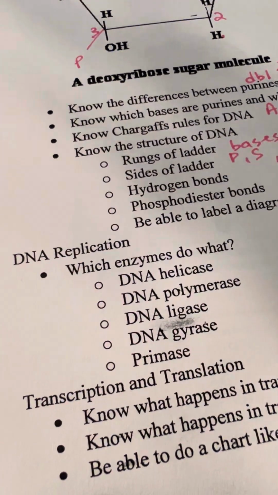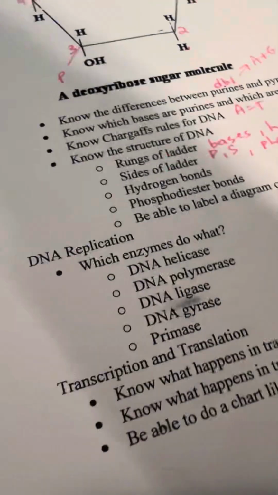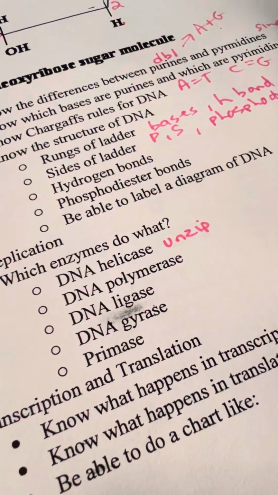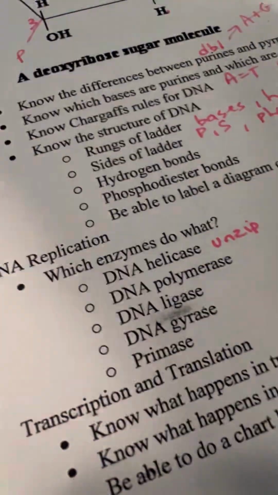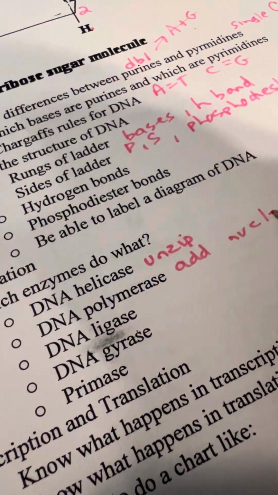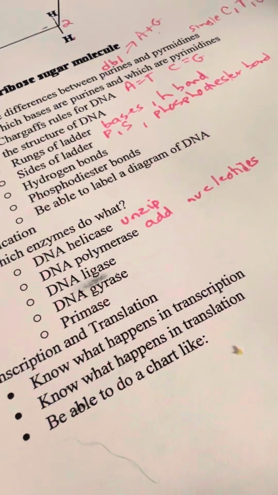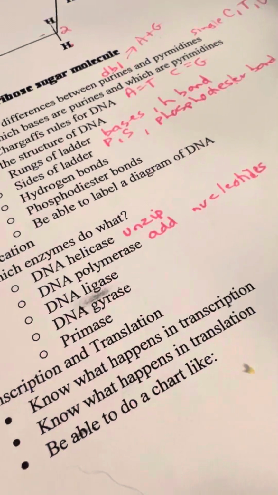Then for DNA replication, you need to know your enzymes and what's going on. DNA helicase is the one that's unzipping, breaking the hydrogen bonds and forming the replication fork. DNA polymerase is adding the nucleotides: the sugar, the phosphate, and the nitrogen base.